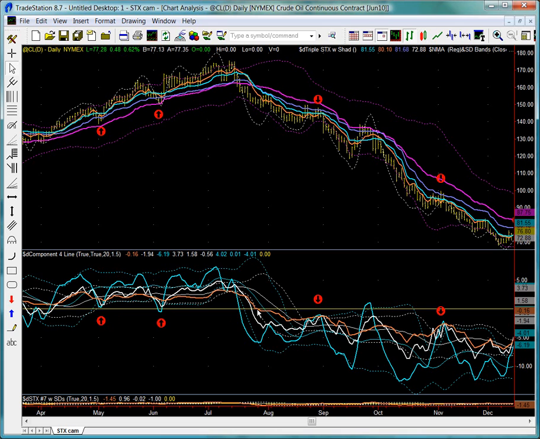So we now have entered into sell mode, and of course all of that, by the time we enter into sell mode by virtue of taking the slowest of the component 4 lines below the 0 line, at this point here, everything that we know to be true about the STX analysis has already happened.